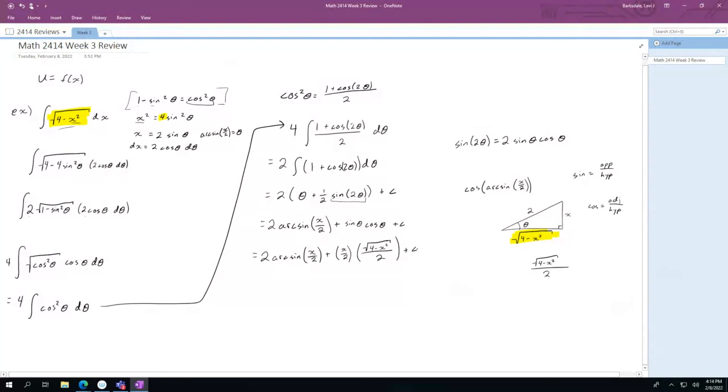And all that's left is to just finish simplifying a little bit. We're going to combine our 2's. And we're done.